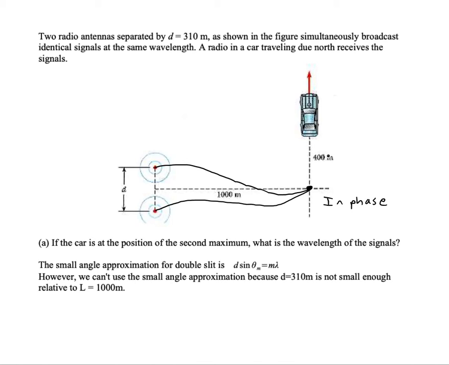Now, how could something like that happen? What we would need to have happen there is there would have to be a point where the path length difference between the two was a multiple of the wavelength.